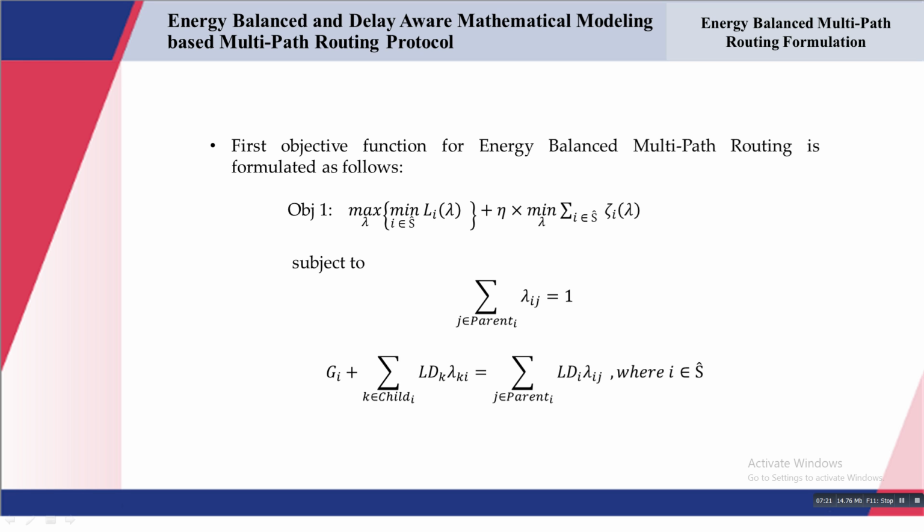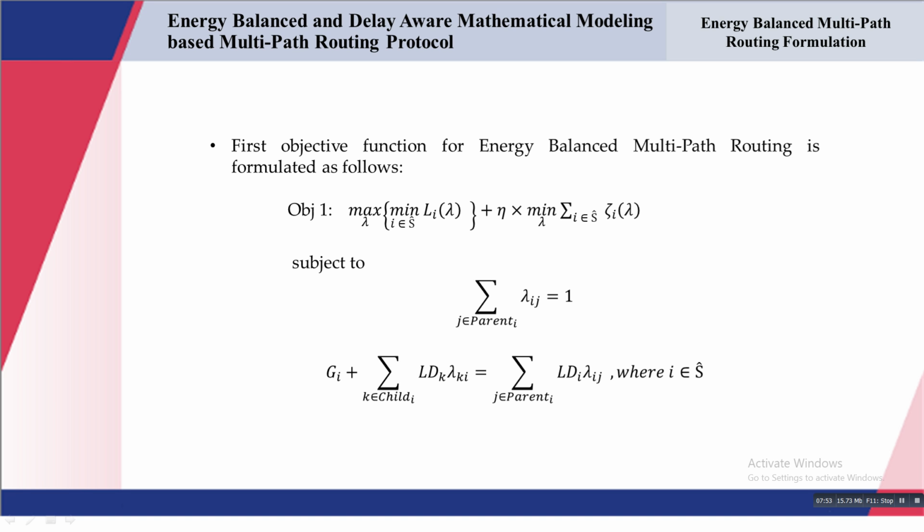The second part of this objective represents that we are trying to minimize the total energy consumption with respect to all the nodes in the network, because zeta I, which we calculated in the previous slide, represents the total energy consumption. So we will try to minimize the total energy consumption as well, along with delaying the first node death.